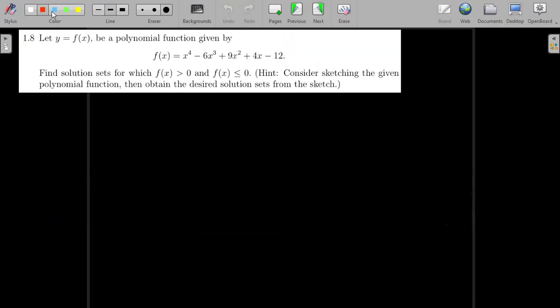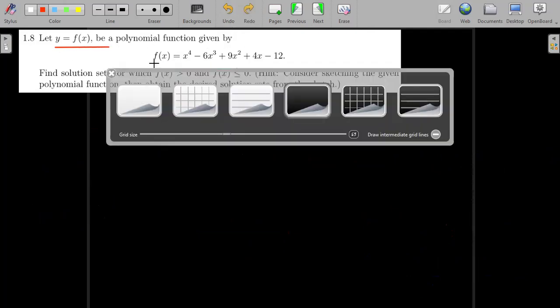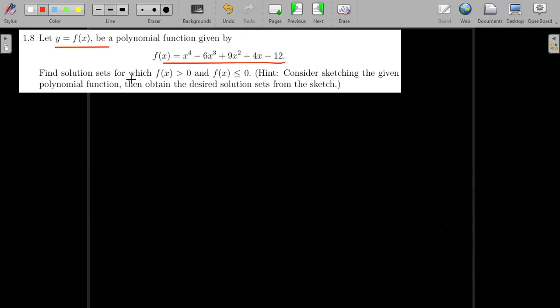So question 8, they're saying, let f be a polynomial given by this. So they're saying find solution sets for which f of x is greater than 0 and f of x is less than or equal to 0. So for us to get that answer, we need to sketch this polynomial here.